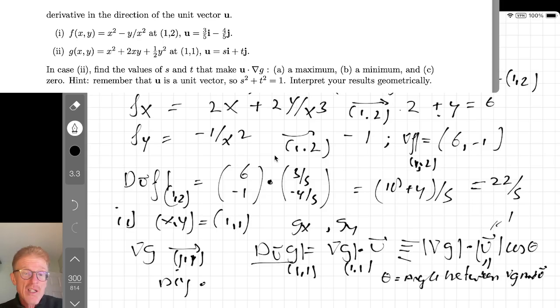The modulus of grad g is not necessarily 1, times cos theta, and theta is the angle between grad g and u. Of course, u is given in terms of s and t. You have to determine the s and t which makes it a maximum, minimum, or 0. It's the angle between the two vectors.